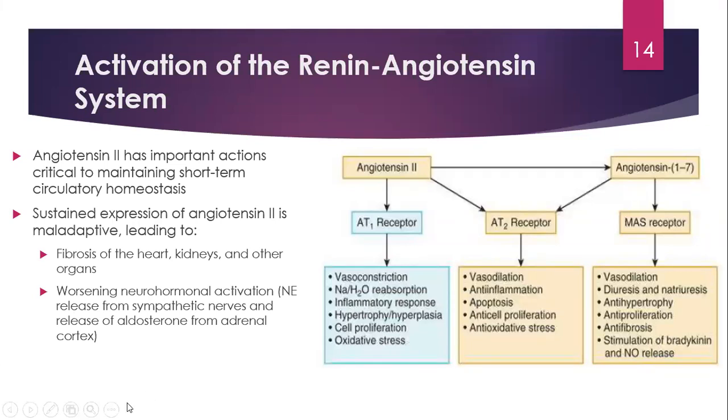This is actually angiotensin 1-7. So it's totally different. You have angiotensin 1, angiotensin 2, angiotensin 3, angiotensin 4, and then angiotensin 1-7.